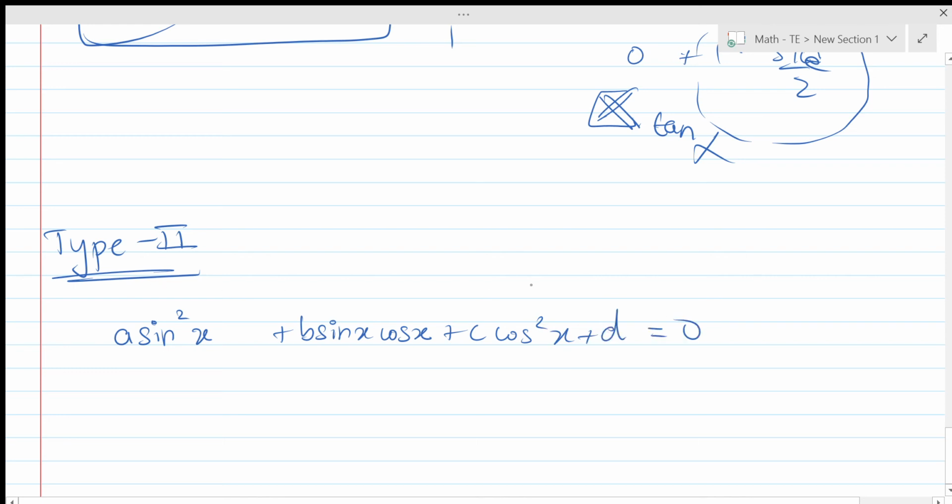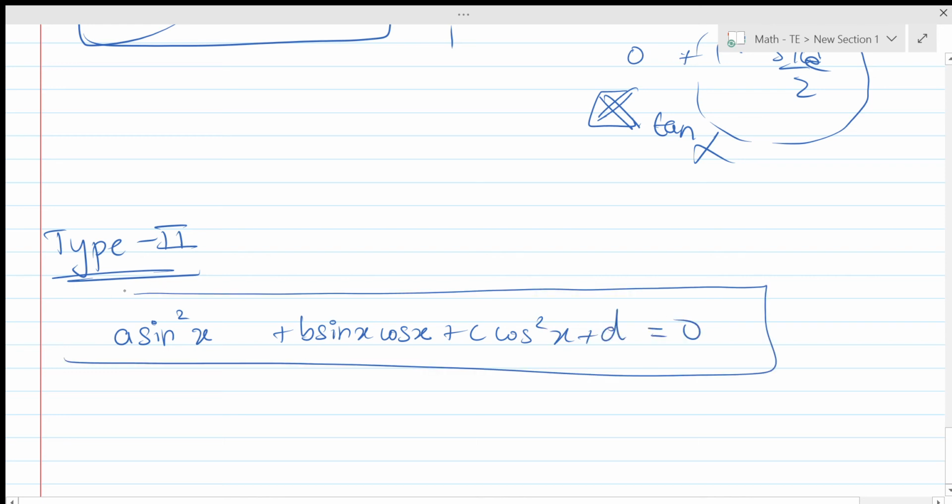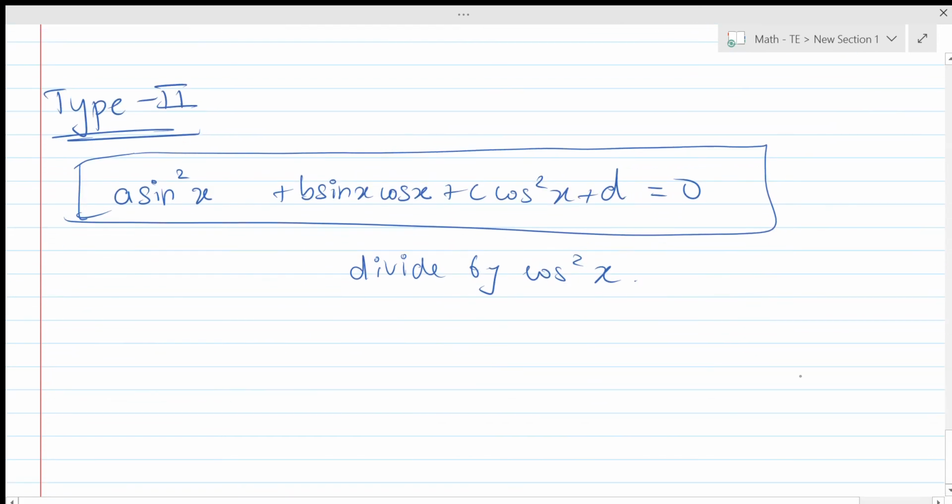If you come across any such type of question, divide it by cos square x. What this will do is, you will understand.